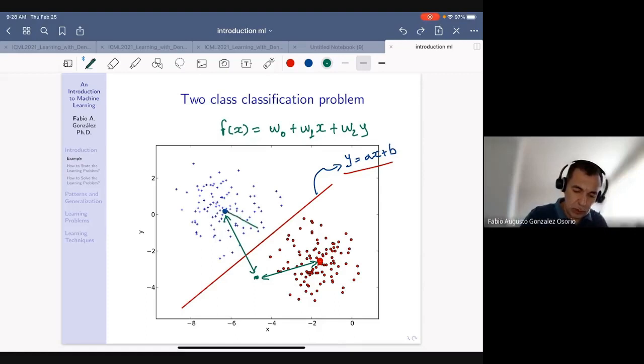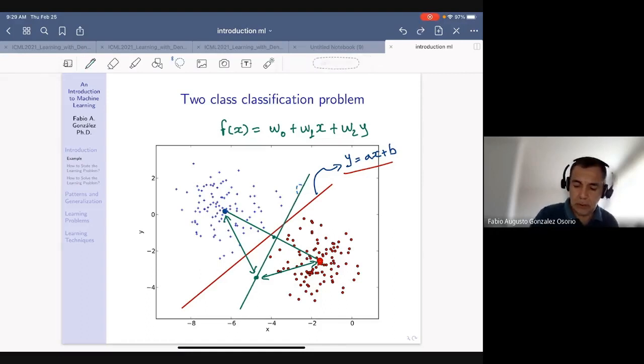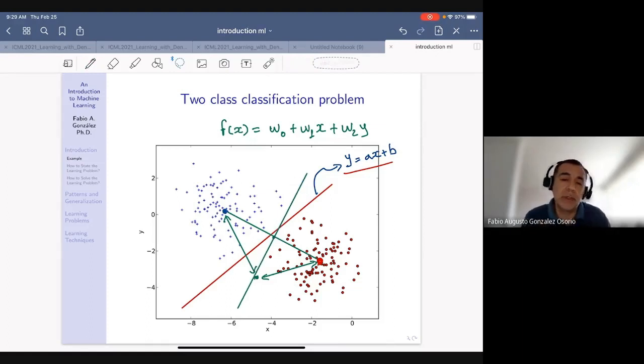So you draw a line between them, then you have the middle point here, and the boundary will be the perpendicular line between those, like this. That will be the boundary for the centroid-based algorithm.